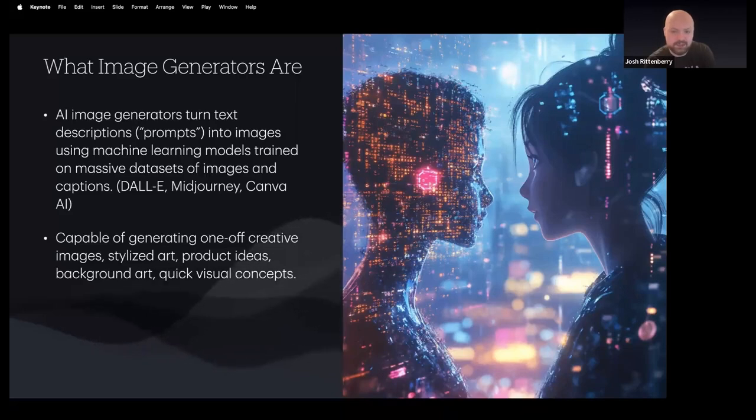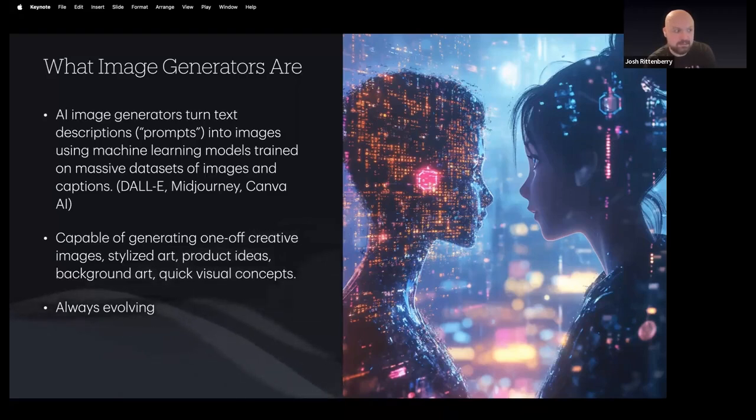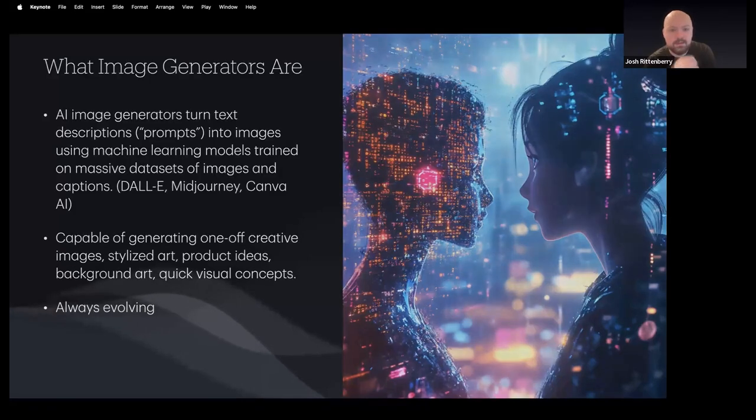Consistency has always been the issue for AI models, but they're always evolving. If this presentation were given a month ago, it would probably be entirely different, because within the past month or month and a half, OpenAI released their new image generation model that is quite a bit more capable concerning some things than a lot of the competitors, which we will get into going forward.